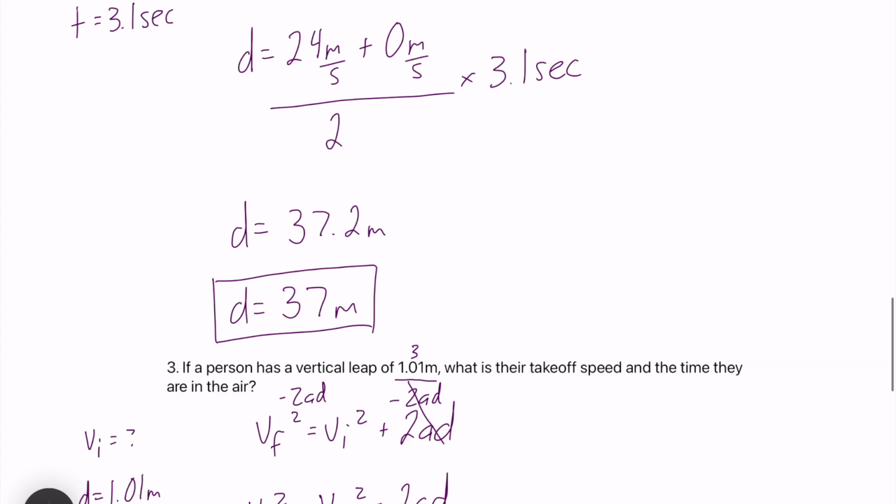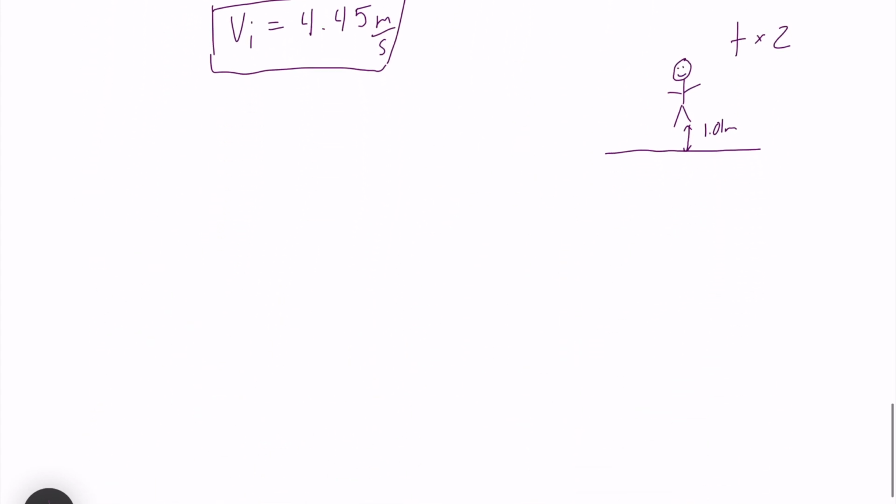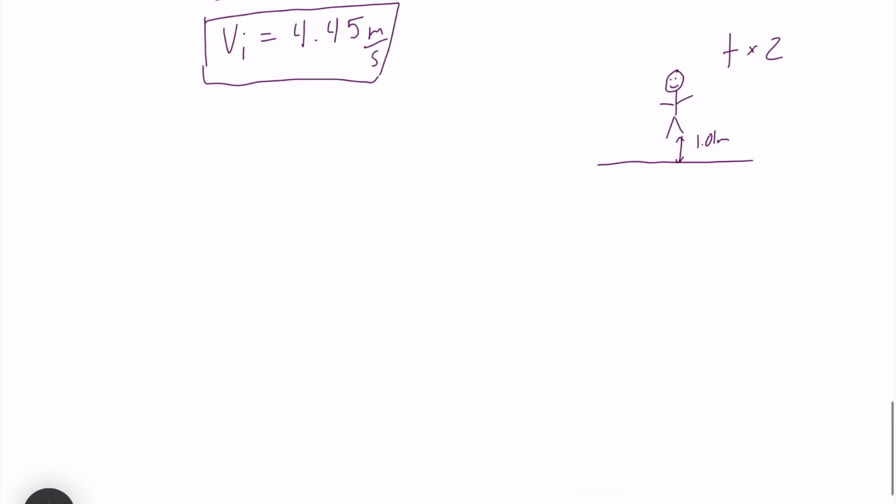Let's scroll on back down to our question here, and we are going to write out our formula. So we have VF equals VI plus AT. And again, let's just quickly manipulate here.